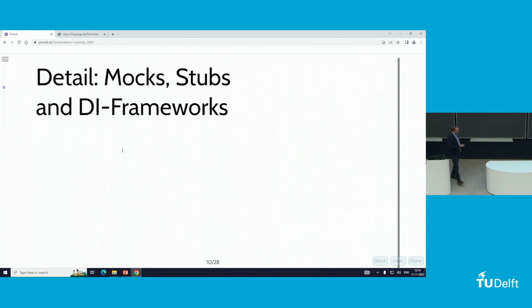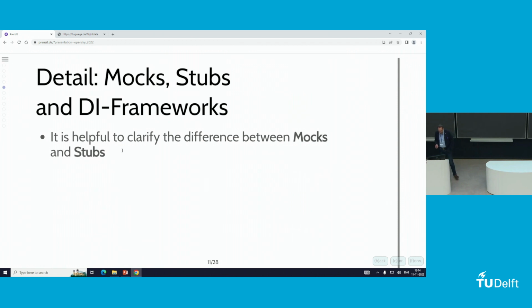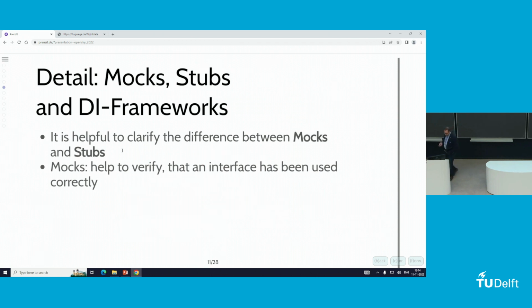One detail: when you deal with dependency injection, then you also deal with mocks. Mocking is a technique that helps you build modules that do something as a mock-up. They pretend to be something else, and there are two different kinds: mocks and stubs. That's something that my students need to learn, that there is a difference between a mock and a stub.